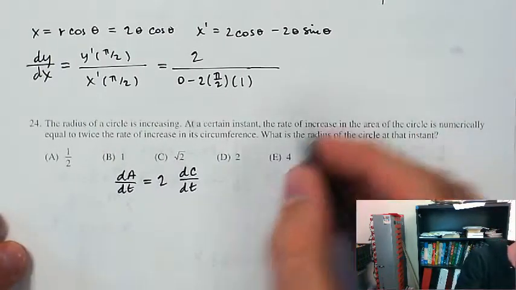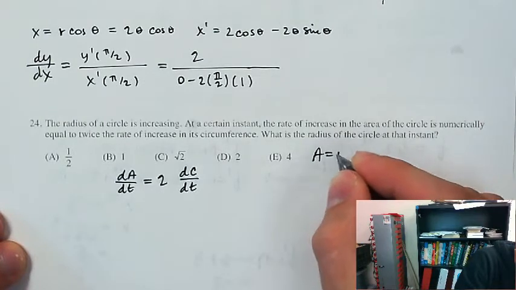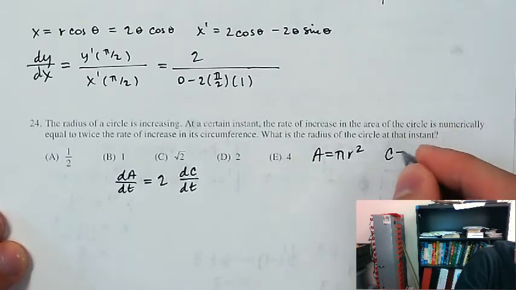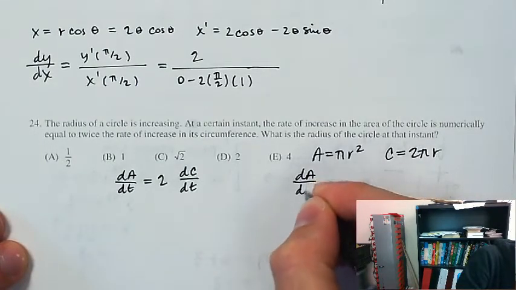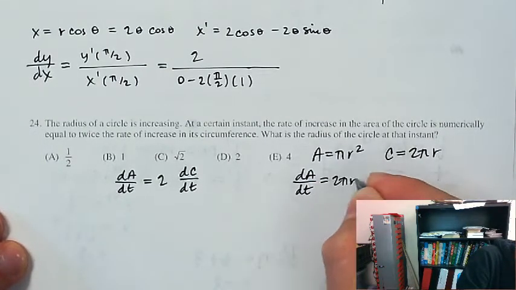But I know I've worked this problem recently because I need a formula for area of a circle. That's pi radius squared. I need a formula for circumference. That's 2 pi radius. So I can take the derivative with respect to time.